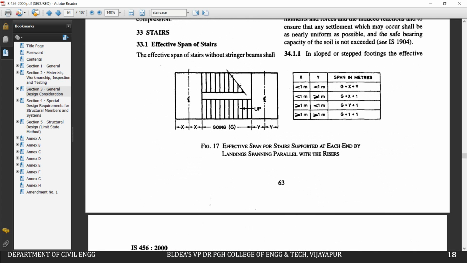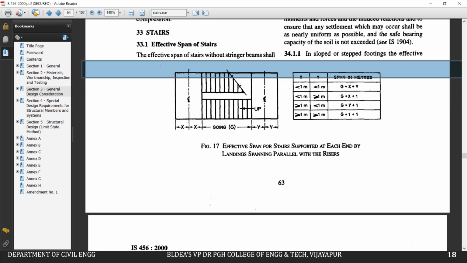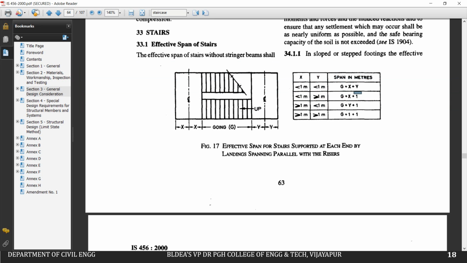So for that you can see here, this is the table they have given. This is X landing slab, Y we have here. So how to calculate the effective span? If X is less than 1 meter, then we use going plus X plus Y. If both are less than 1 meter, we'll take going plus X plus Y. If X is less than 1 meter and Y is greater than 1 meter, instead of taking Y, we will take it as 1.